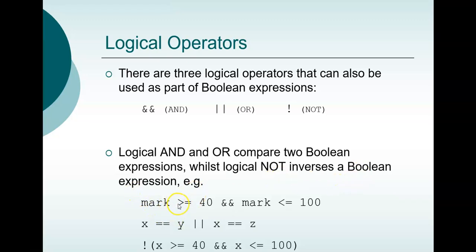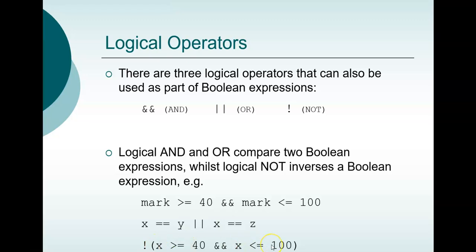So we can have mark is greater or equal to 40 and mark is less or equal to 100. So it means both expressions must be true. Here it says that x is equal to y or x equals z, which means at least one of these expressions must be true. Now here it is going to evaluate whatever we have in the bracket. If it is true and it negates, it becomes false.